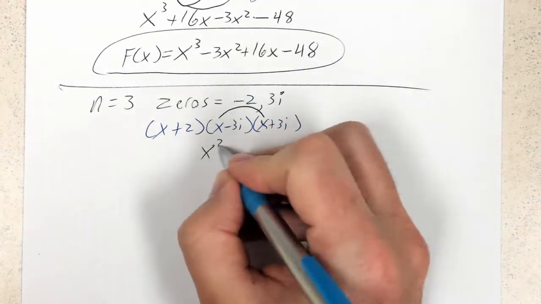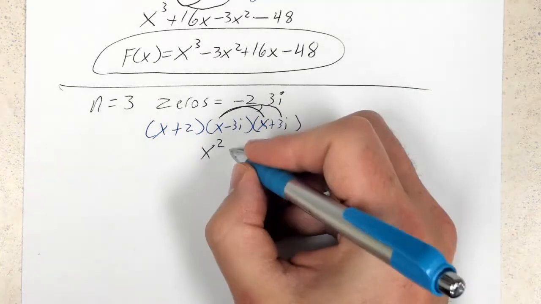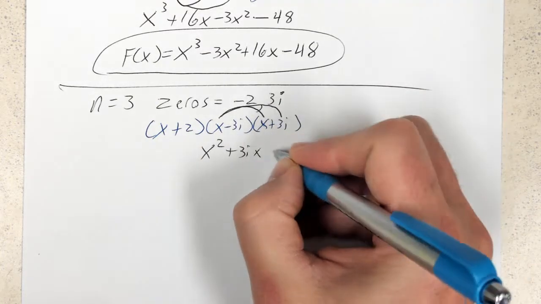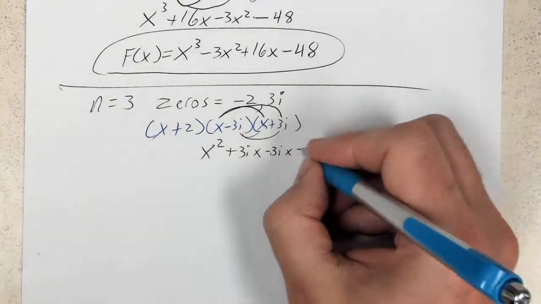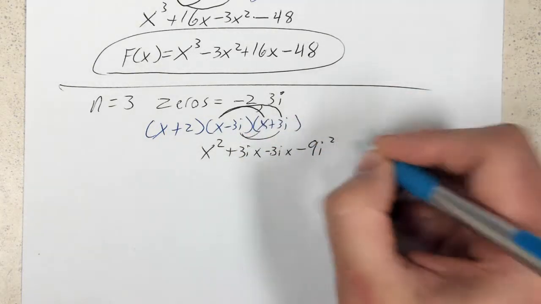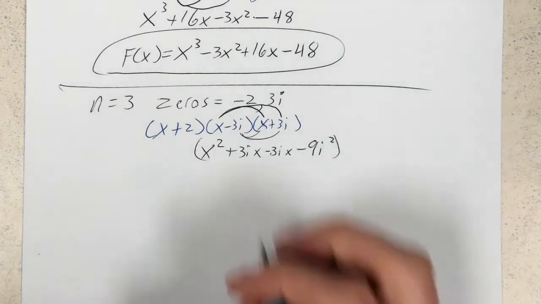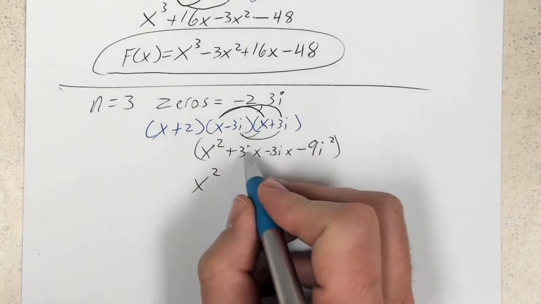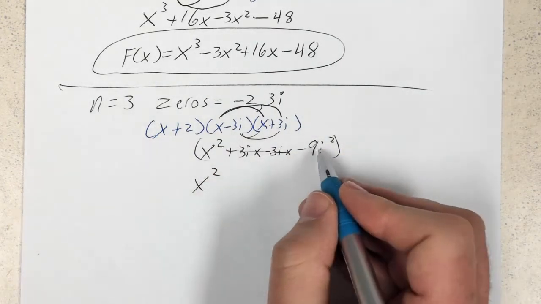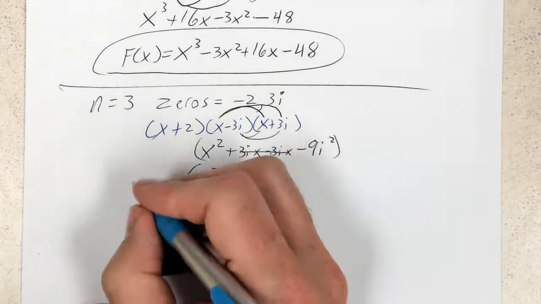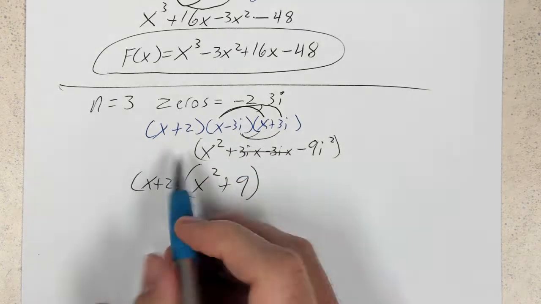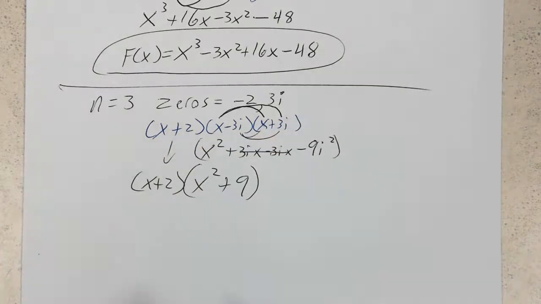So x times x is x squared plus 3ix minus 3ix minus 9i squared. These guys cancel, and then minus 9i squared turns into plus 9. The x plus 2 comes down, and we FOIL again to get our answer.